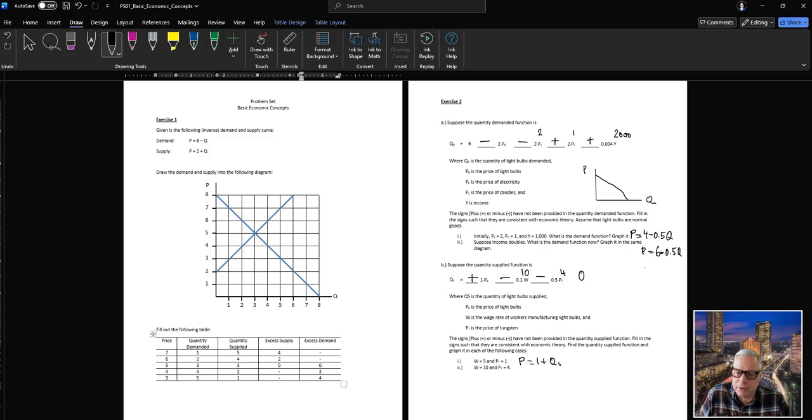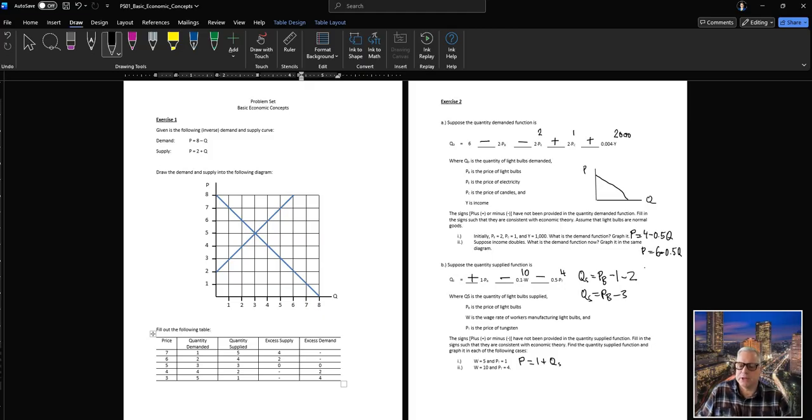So we have Q equals, on one side, the price of the light bulb. So now minus 1 equals minus 2Q, and then I divide both sides by 2. So that becomes P minus 3.